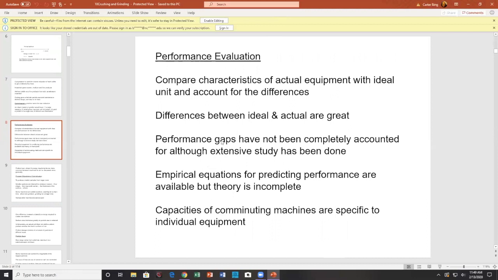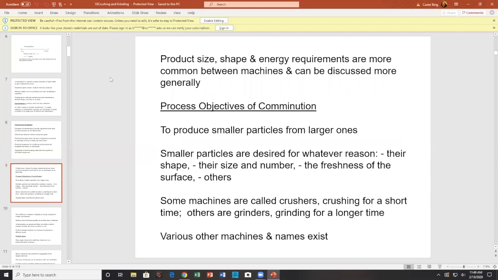Performance gaps have not been widely accounted for, even though there has been extensive study. Empirical equations for predicting performance are available, but theory is incomplete. Capacities of crushing and grinding machines are specific to the individual pieces of equipment. Product size, shape, and energy requirements are more common between machines and will be discussed generally.